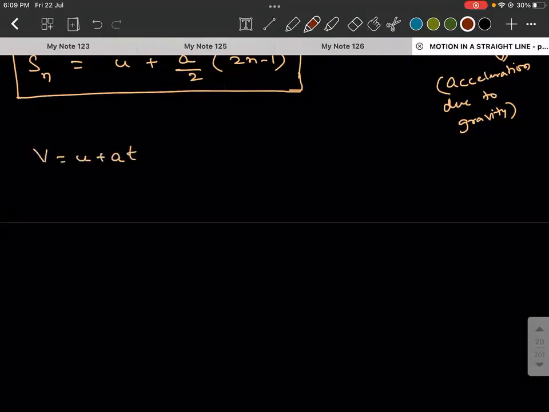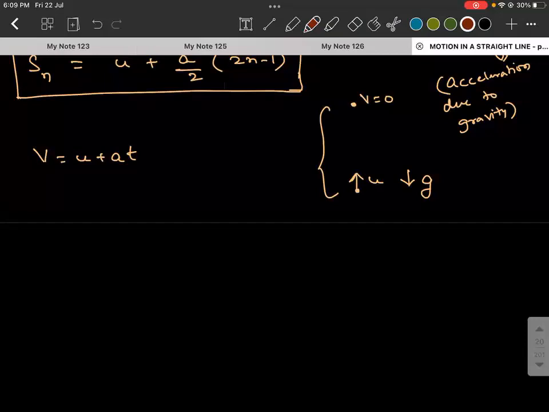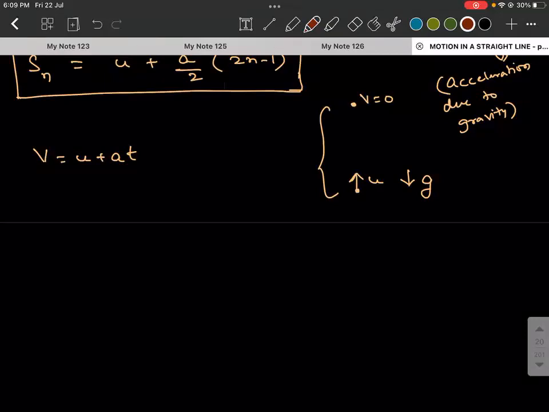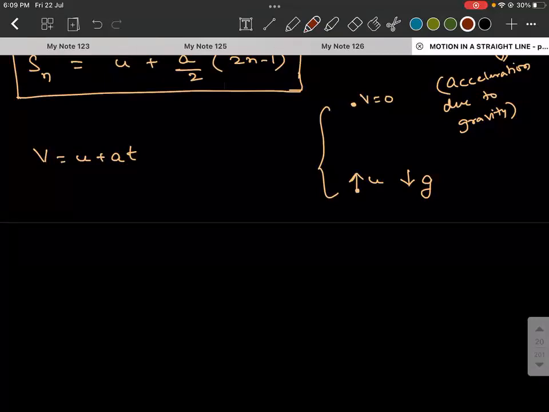So when I apply v is equal to u plus at, when an object is thrown from the bottom with initial velocity u, it decelerates with the value of g. And by the time it reaches the maximum height, the velocity of the particle at the highest point will be 0. So if you're able to know at what instant the object has reached the highest position, then you will get clarity of what is happening in the 5th and the 6th seconds.